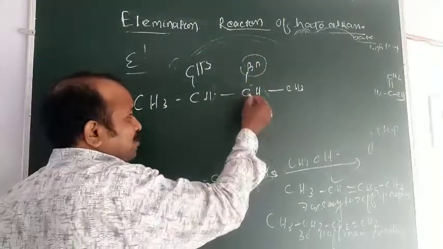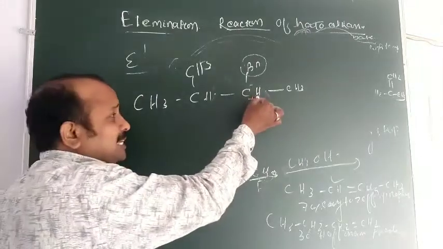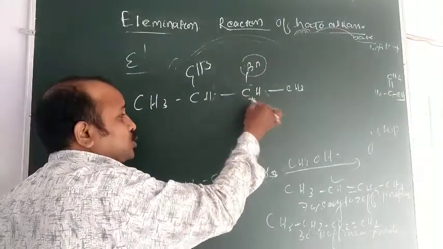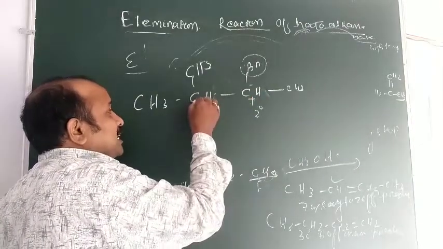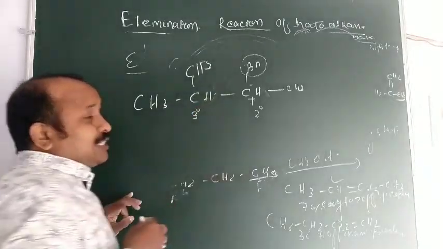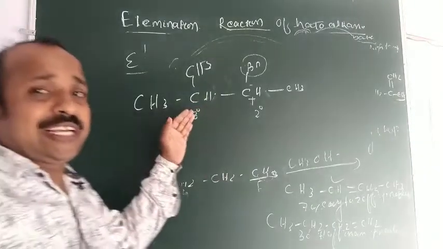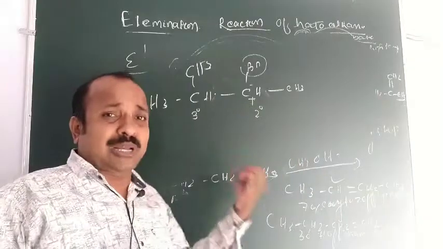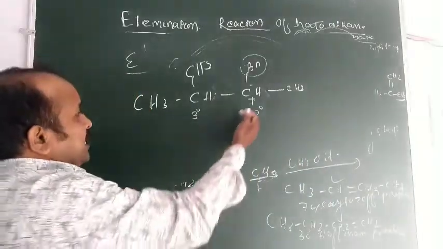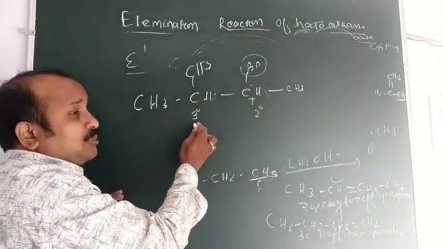But if this carbon gets the positive charge, then this is 2 degree. But this carbon is 3 degree. As a 3 degree cation is more stable than a 2 degree cation, rearrangement is possible.